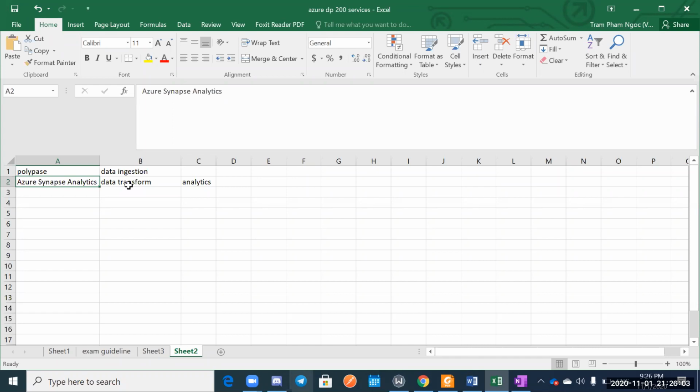Remember the ETL: whether it belongs to the E, the L or the T, and whether it is used for analytics or for ingestion. So there will be more study materials available next week on the different services on Azure.